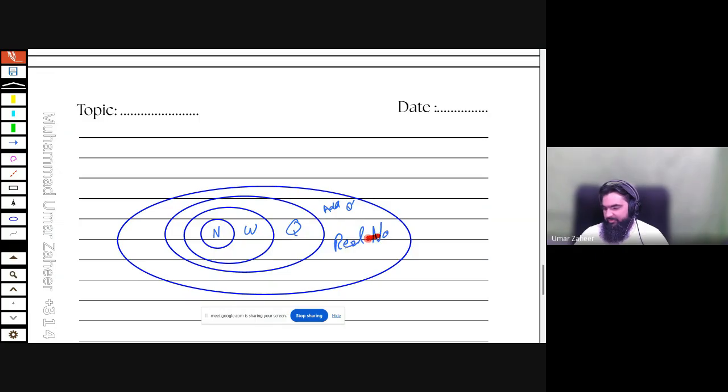Look at here, in real numbers you have rational numbers, irrational numbers, whole numbers, natural numbers as well. I forgot about integers, we have integers here as well.